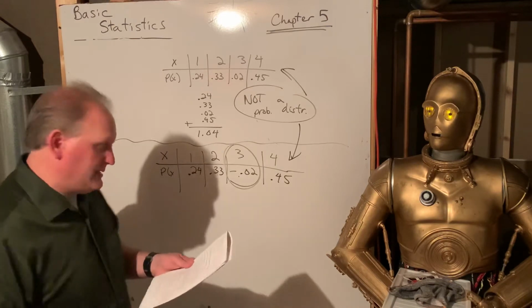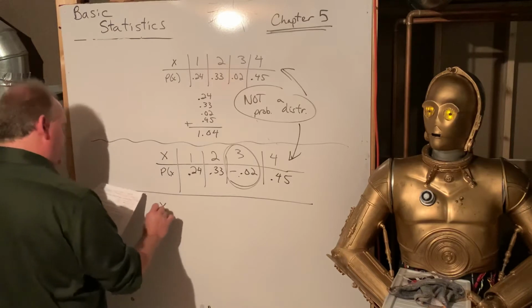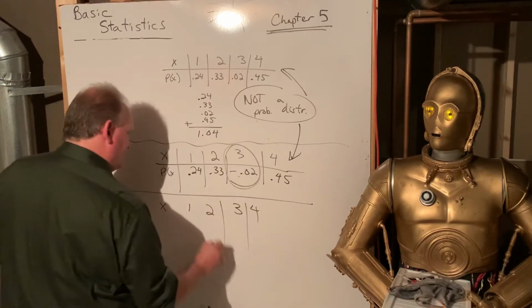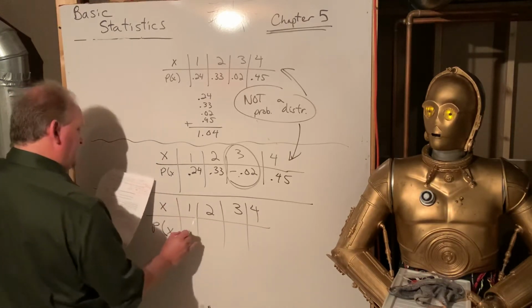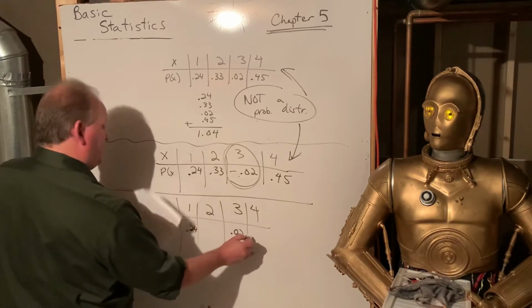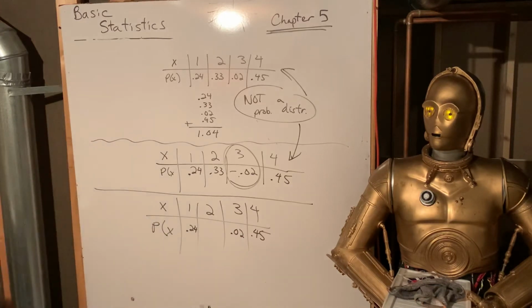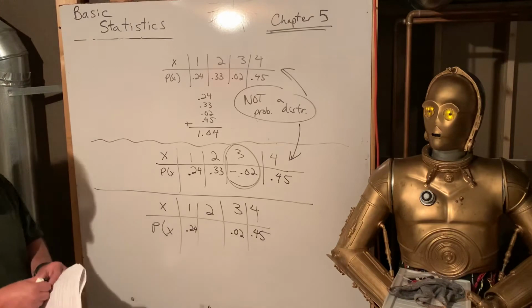Let's look at one that is. What if I tell you it is a probability distribution, but we leave a little piece of information off. So we give you 1, 2, 3, and 4, and we give you the probabilities. We can tell you 0.24 and 0.02 and 0.45, but then we don't tell you what that missing one is. Well, you can find the missing one.